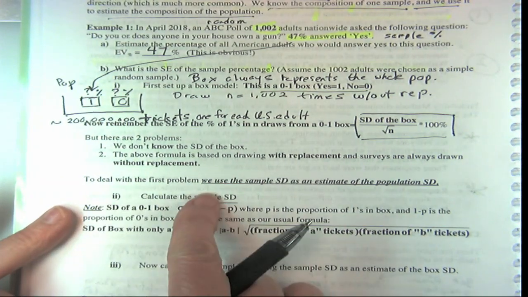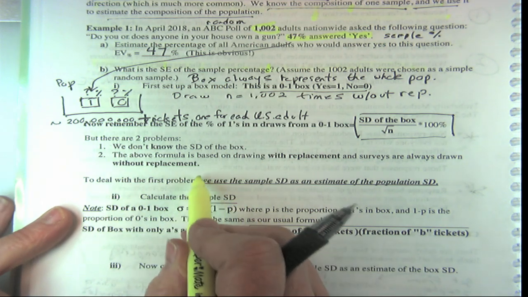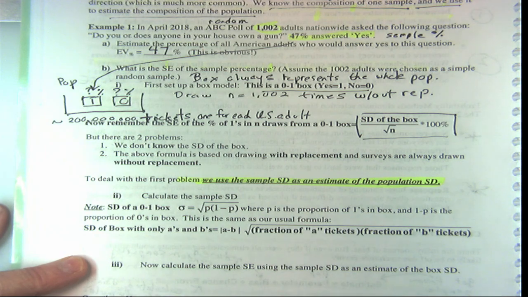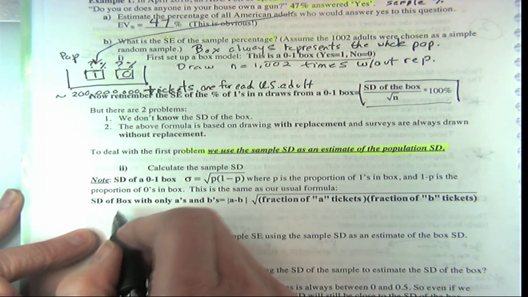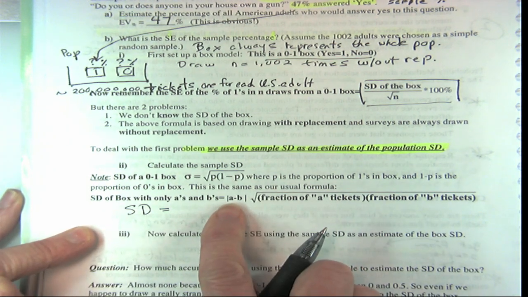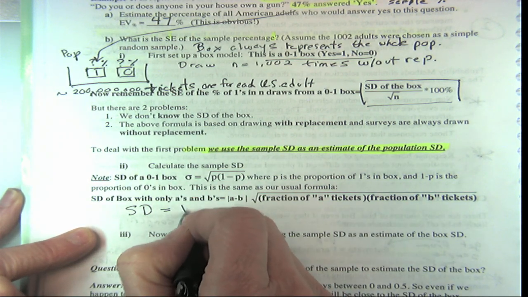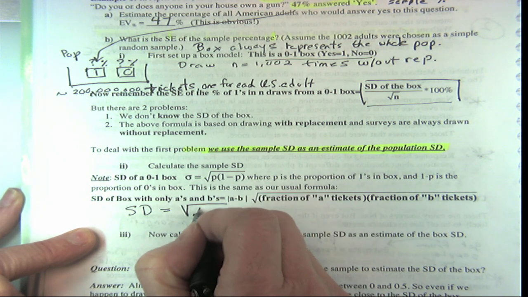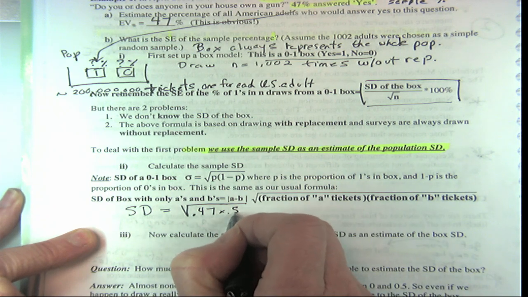All right, so to deal with the first problem, what do we do? We use the sample SD as an estimate of the population SD. Remember how to calculate the sample SD. The standard deviation of a 0, 1 box is just going to be, since we just have ones and zeros, the square root of 0.47 times 0.53.